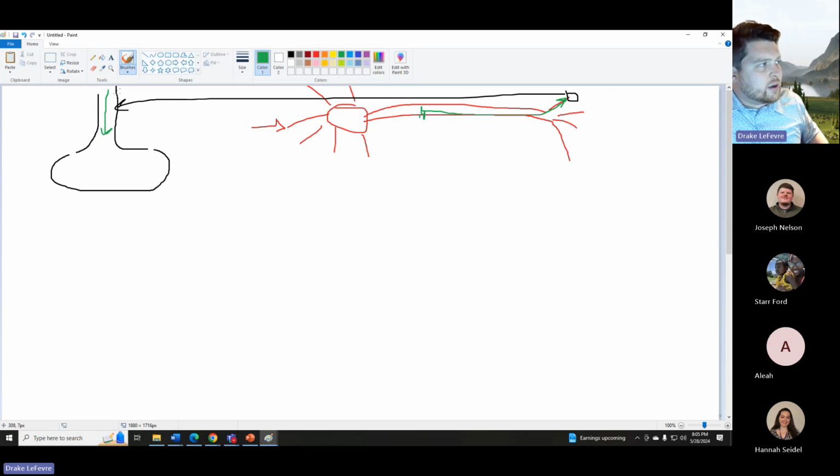All of our voltage gated sodium channels and potassium channels are here on the sides, opening and closing and letting this signal come on down through. Within the axon terminal, we have special channels. These are our voltage gated calcium channels, right?